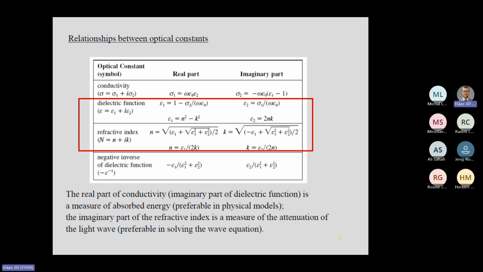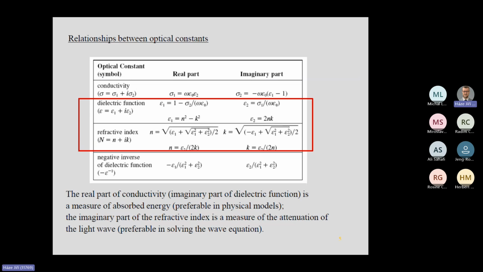The conductivity I have shown, but in dealing with the optical fields, we need, of course, the refractive index. This is also a complex quantity with the real and imaginary part here, and it determines the refraction and reflection of light at interfaces.